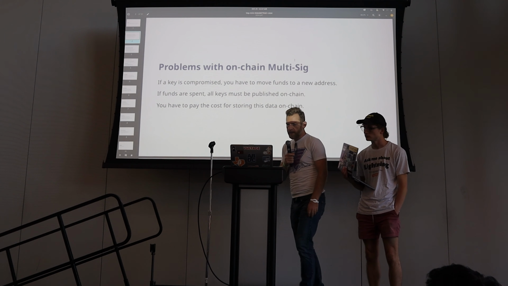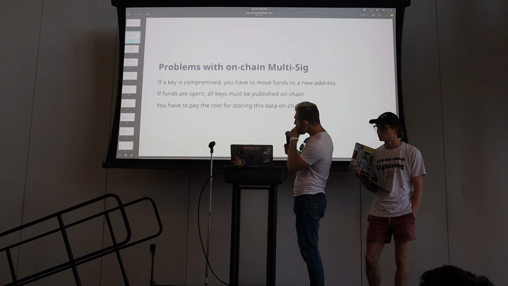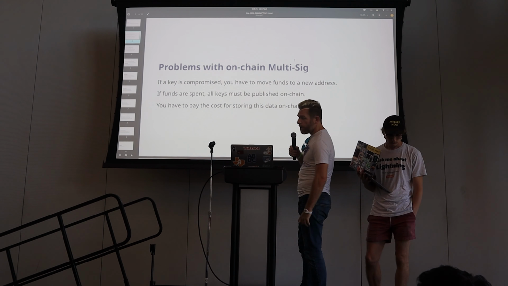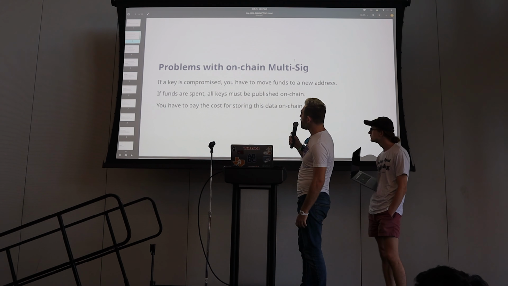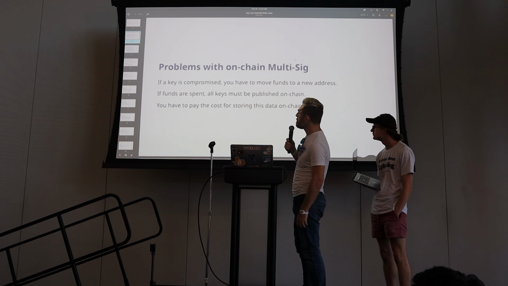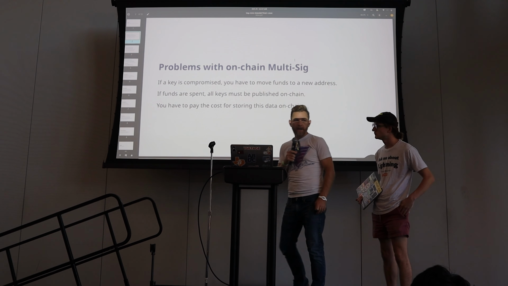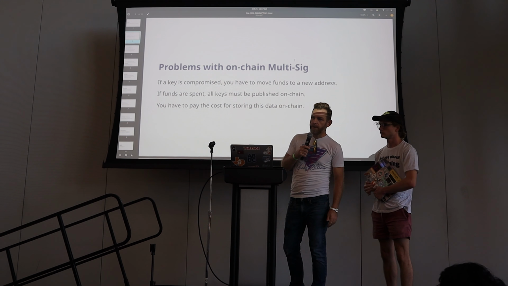So really quick, some problems that we have with on-chain multi-sig. When you do multi-sig on Bitcoin, you use Bitcoin script, and it works, but it has some issues. One issue is, let's say you have a 2 of 3, right?